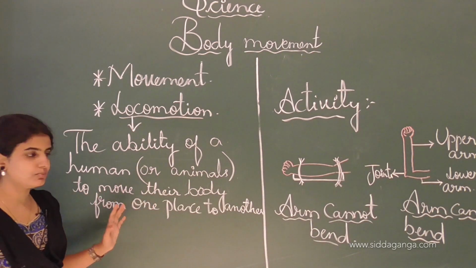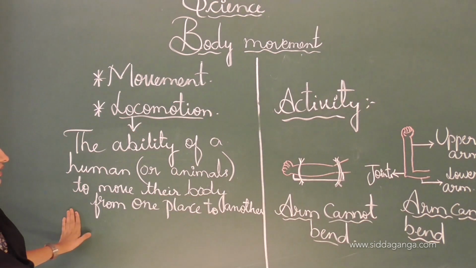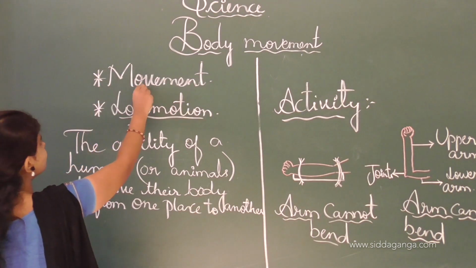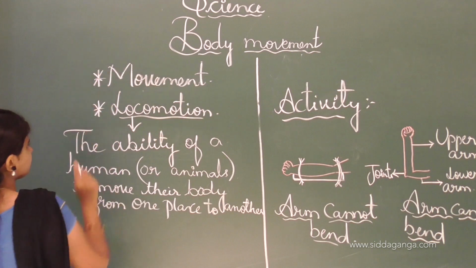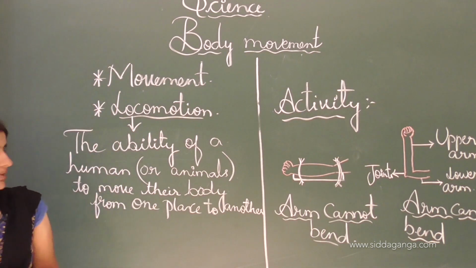is called locomotion. Whereas movement is different from locomotion. In movement, there is a change in the position of the body. Movement is defined as the change in the position of the body.